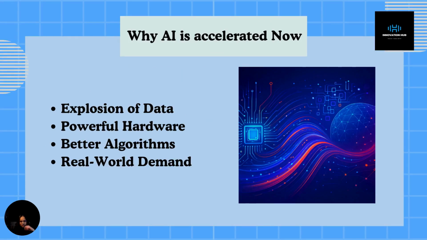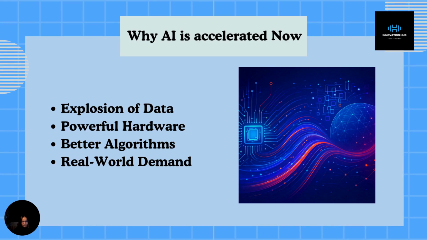Now, an important question is, if AI has been around for a long time, why is it suddenly growing so fast now? There are four main reasons. First is data. Today, we generate massive amounts of data from apps, social media, and online activity. Second is hardware. Modern processors like GPUs allow us to process large amounts of data very quickly.